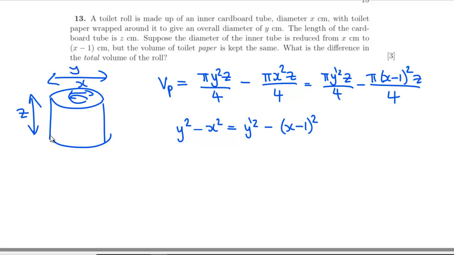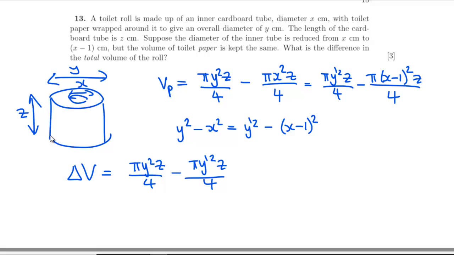And what do we want to work out? We want to work out the difference in the total volume of the roll. So delta V is going to be pi y squared z over 4 minus pi y prime squared z over 4. Again, we can probably cancel quite a few things.